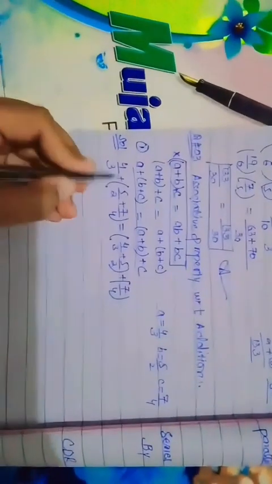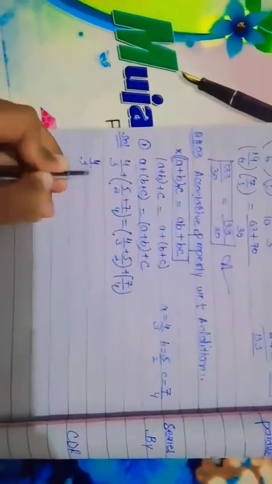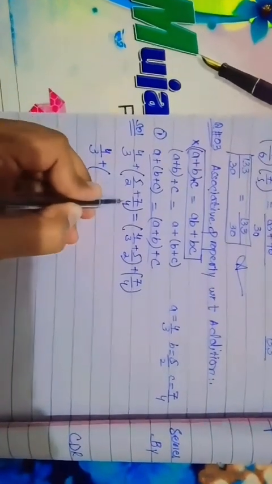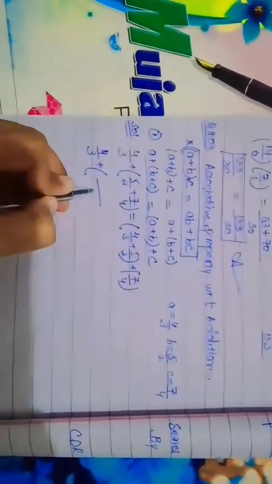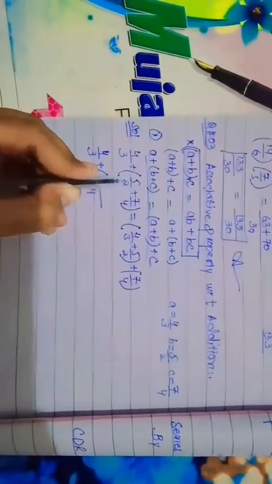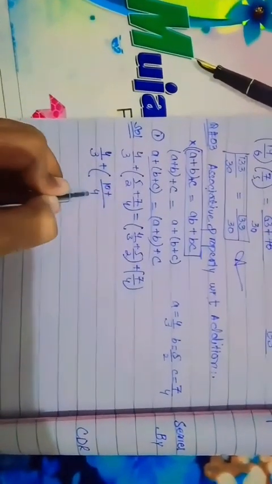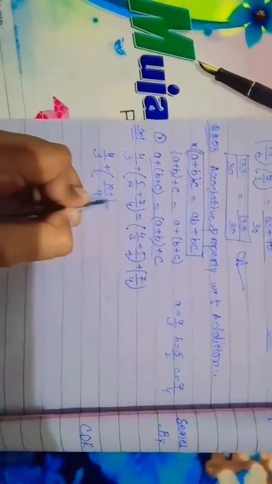So it will be the LCM of these two values, 2 and 4. It will be equal to 4. 2 2s are 4, 2 5s are 10, plus 4 1s are 4, 7 1s are 7.